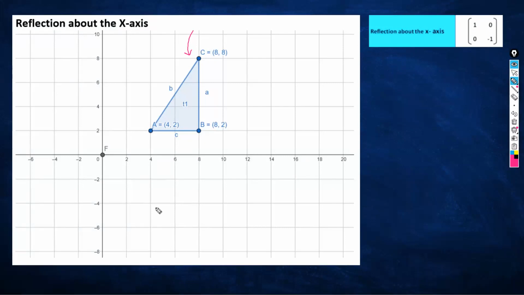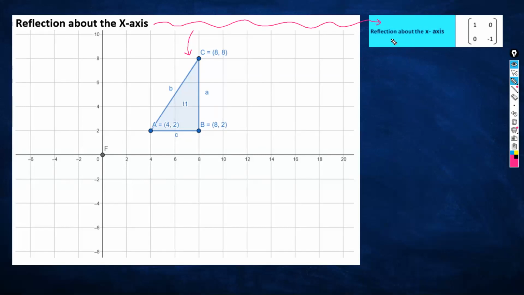Now, suppose in the exam, or suppose you go back in school and the examiner or your teacher says they want you to do this using a calculation method. But you have no choice but to follow the instructions. So since it's a reflection in the x-axis, you'll remember this formula I gave you a few minutes ago. You have to memorize this.